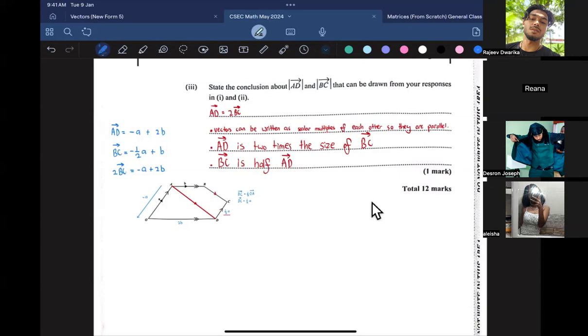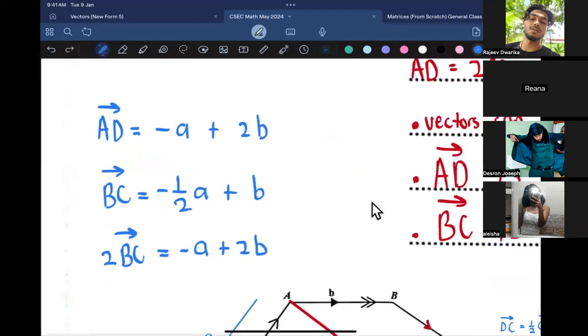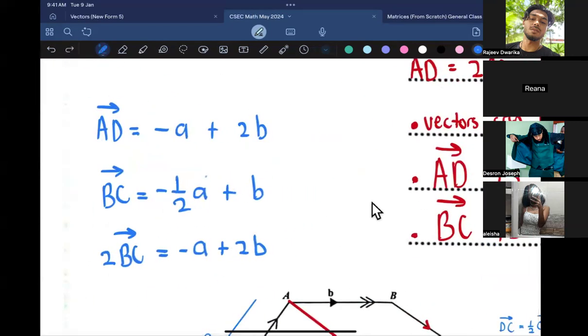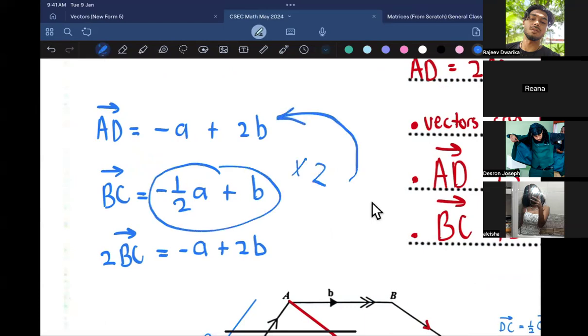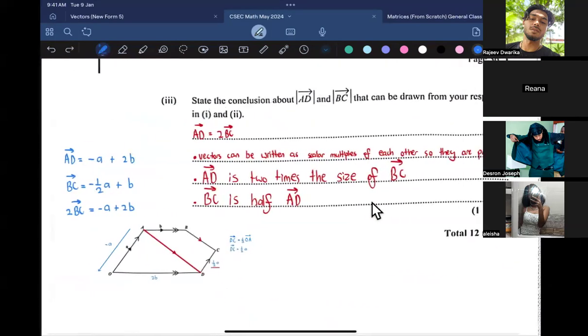Okay, so this over here is the answer. But to figure out the answer, you would have had to do this working. Or, I mean, you could just look at it. If you're experienced and you could see it, you could just jump straight to this line. Because if I'm looking at these two vectors right off the bat, I see that if I multiply this by 2, I'll get this. Which means that it takes 2 BCs to make 1 AD. So AD is 2 times bigger than B to C. And you could look at it and see it, granted they do enough practice. So copy that down, guys.